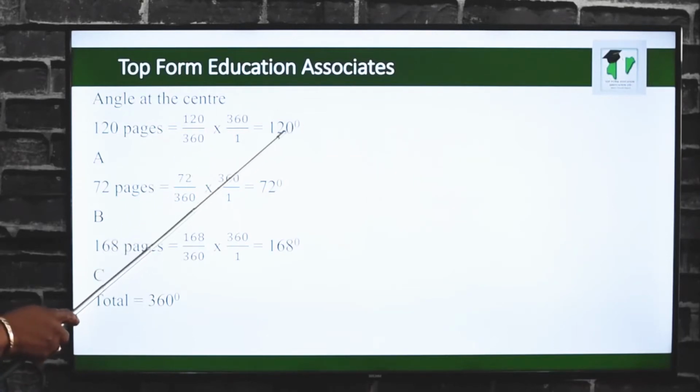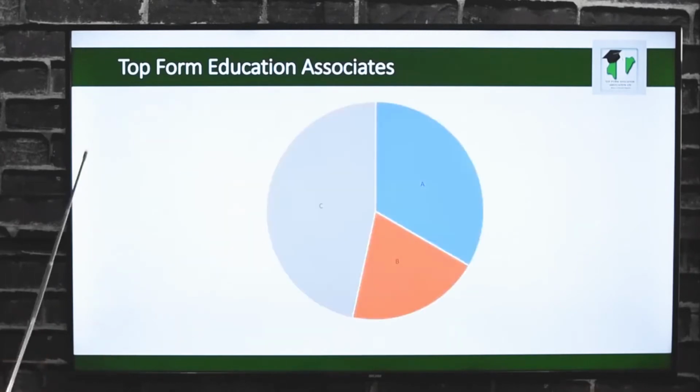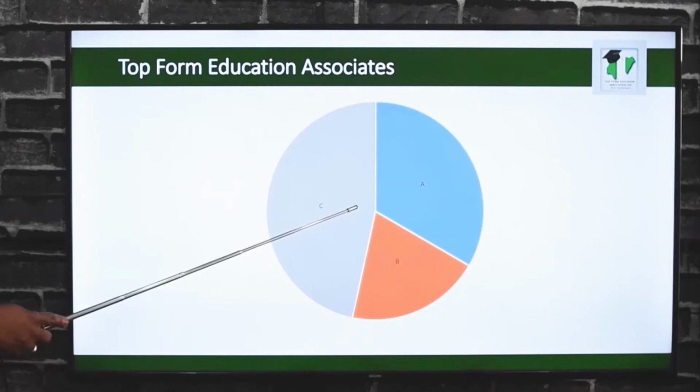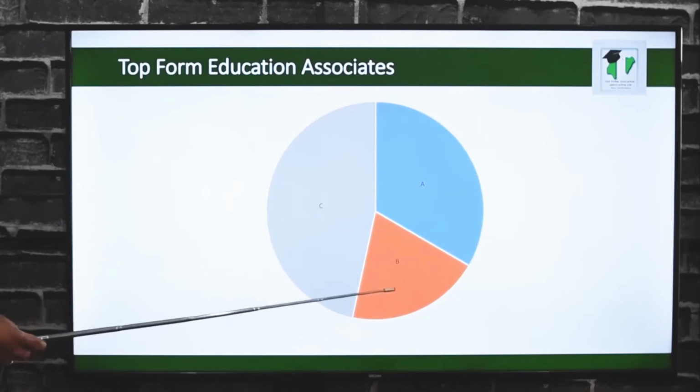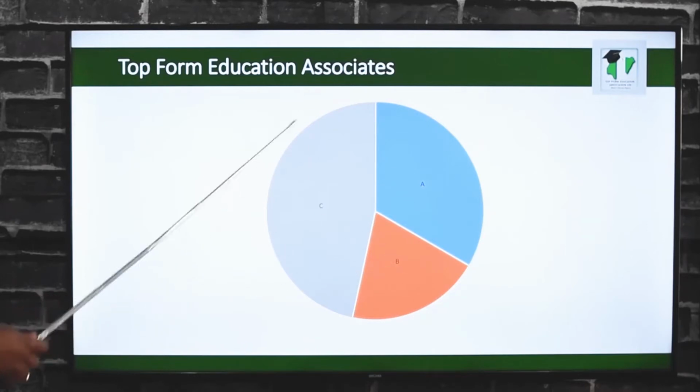That gives us 120 degrees. 72 pages is 72 over 360 times 360 over 1. That's 72 degrees. Then 168 pages will give us 168 over 360 times 360 over 1, giving us 168 degrees. Total is 360 degrees. So this is the pie chart, because we have the sectors A, B, and C.